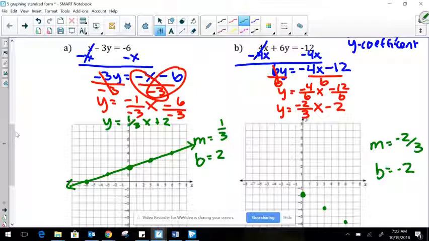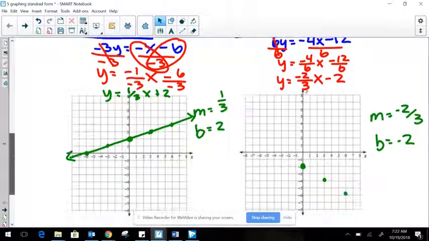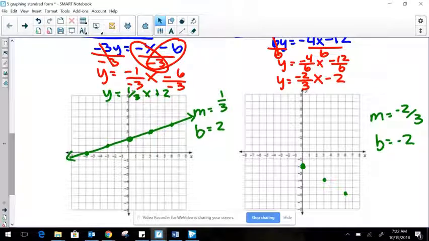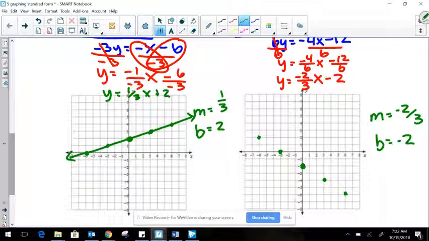Okay, and then let's scroll down here a little bit. I can't make any more dots down in this area, so I need to go up 2, left 3, up 2, left 3, up 2, left 3. Okay, and then connect your dots to make your line, and then add your arrows.